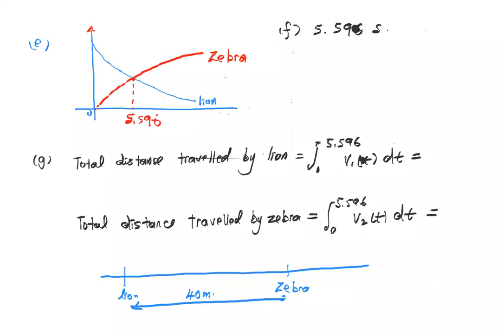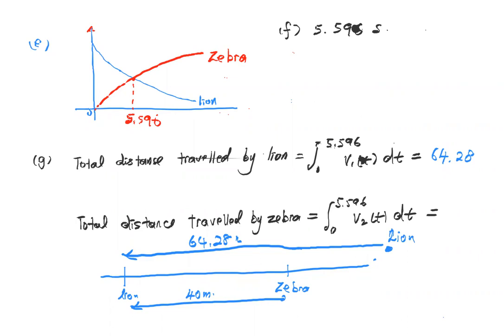You have to try 0 to 5.596 for Y1. Okay, this one is 64.28, right? So this is 40 add 24. So from here to here is 64.28 meters. So this is the new position of the lion.